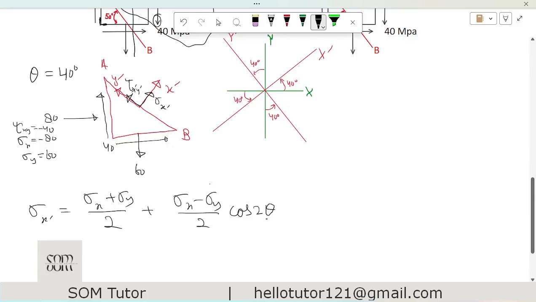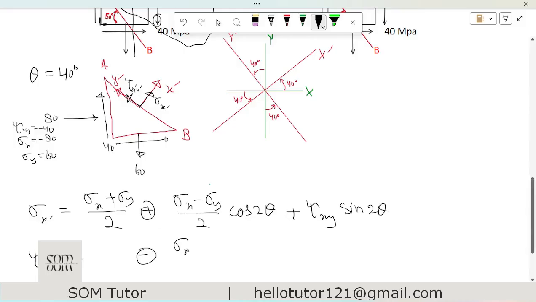Remember, it is not 90 plus theta, because in sigma y prime we considered 90 plus theta. Plus tau xy sine of 2 theta.